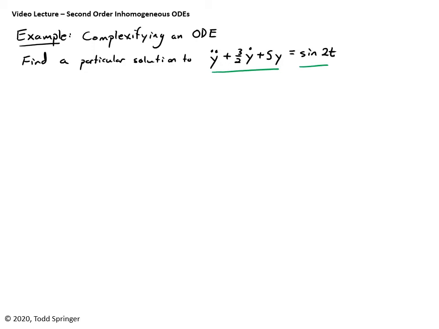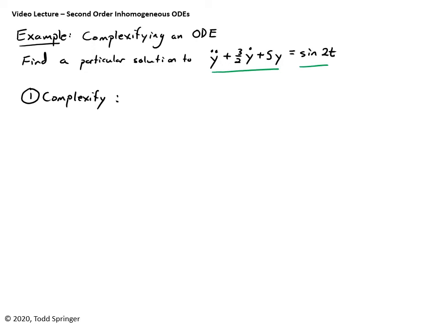Sine of 2t. So my goal now is to use that complexification to get the sine in the form of a complex exponential. That will make my life easier because taking derivatives of a complex exponential is easier.